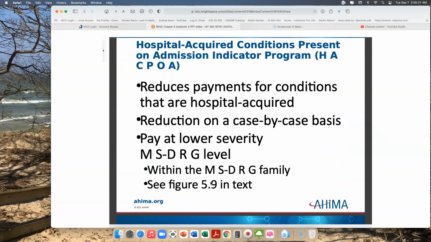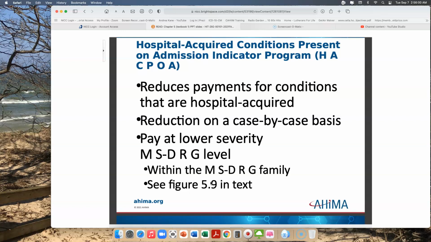Have you ever heard of HACs, Hospital Acquired Conditions, or POA, Present on Admission Indicator Program? These two things came out of CMS because CMS felt that if a patient acquired a significant condition at the hospital while admitted, that the hospital could have or should have prevented, and it extended the length of stay and increased the MSDRG, that they shouldn't have to pay for it.